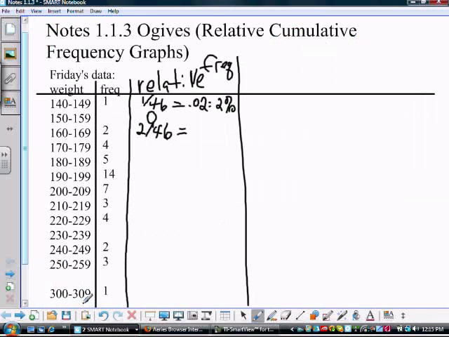So that was 2%, now 4%, now 8%. What is the next one for the frequency of 5? 11. That makes better sense. For the 14?